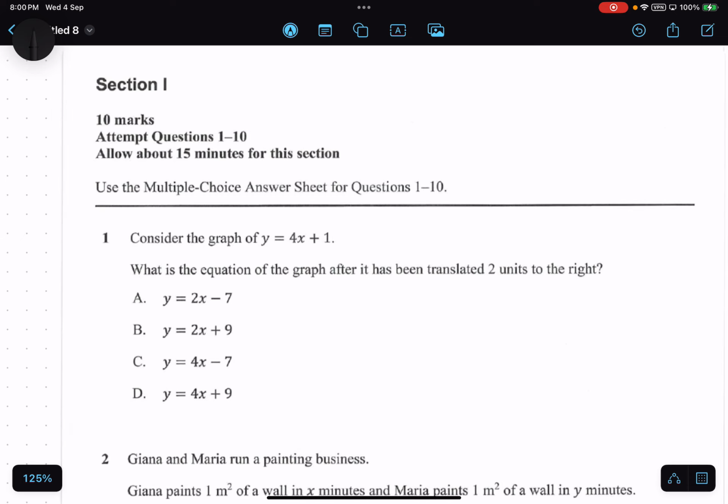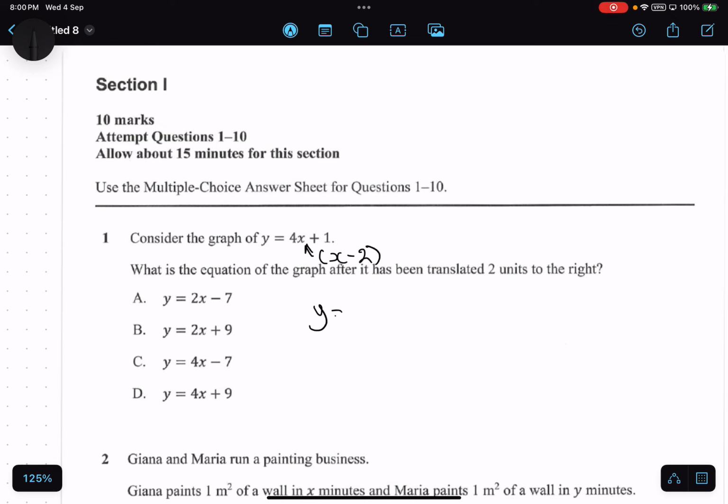Alright, question 1 says, consider the graph of y equals 4x plus 1. What is the equation of the graph after it has been translated 2 units to the right? So to show that this straight line is translated 2 units to the right, you want to replace this x right here with x minus 2.